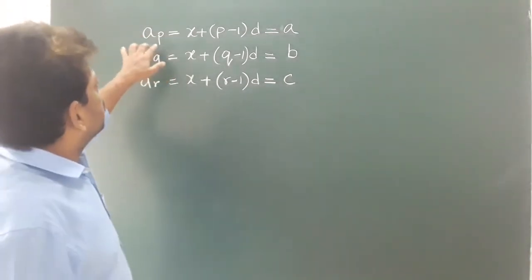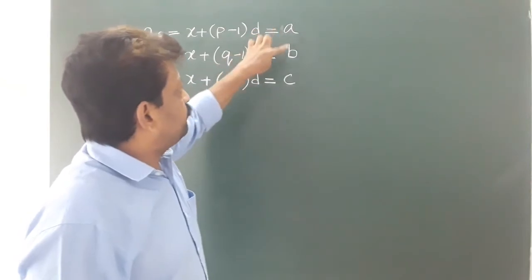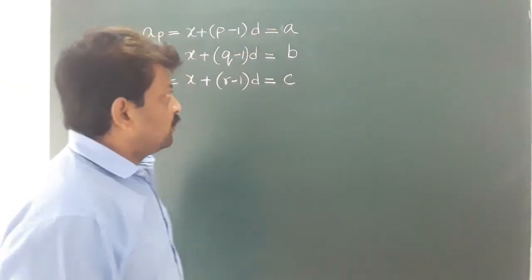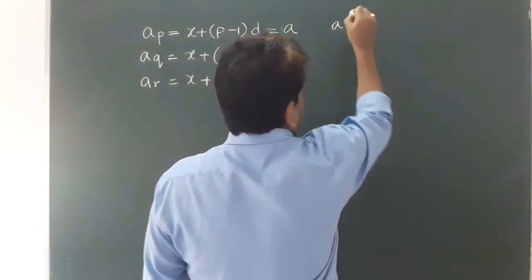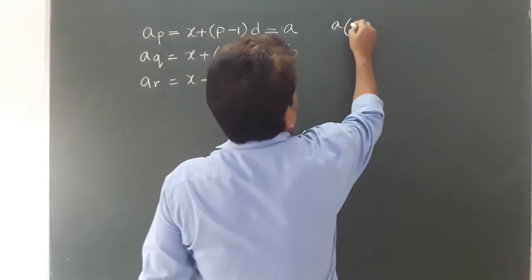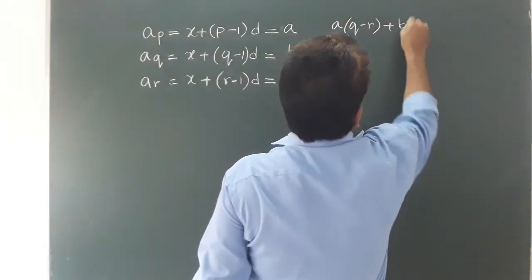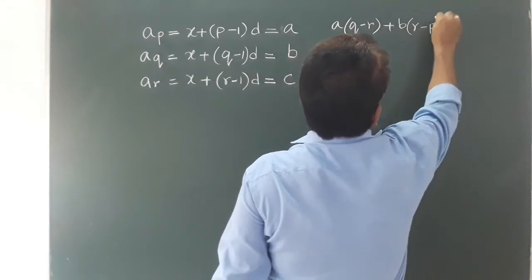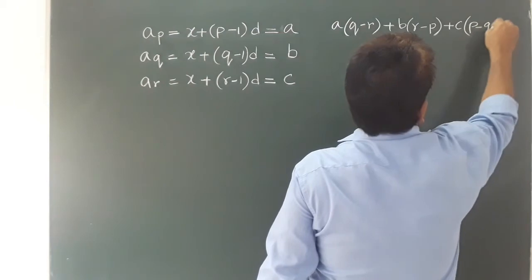So here I have got the general form of pth term, qth term, rth term, and their values are a, b and c respectively, and we have to prove that a(q minus r) plus b(r minus p) plus c(p minus q) equals to 0.